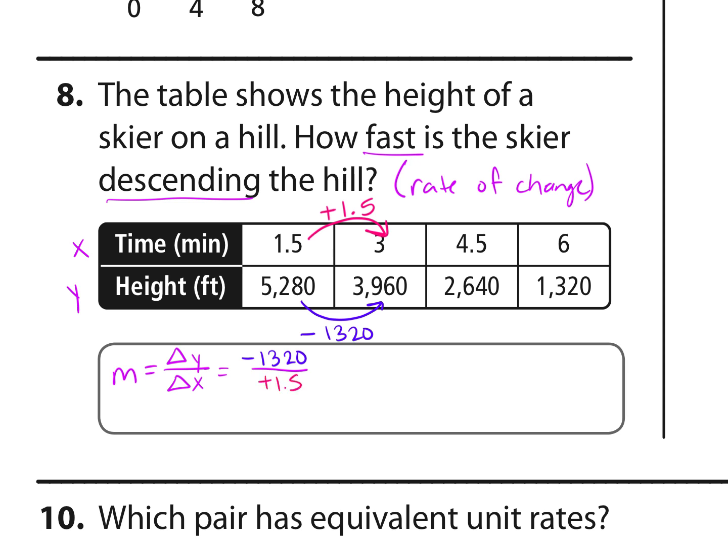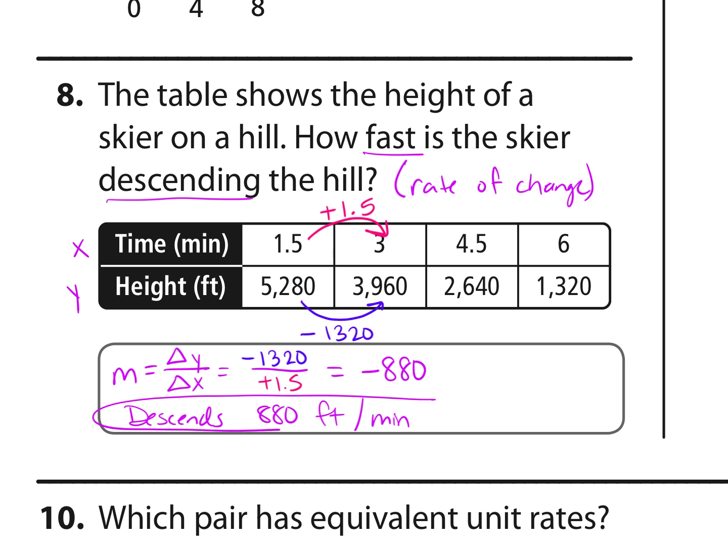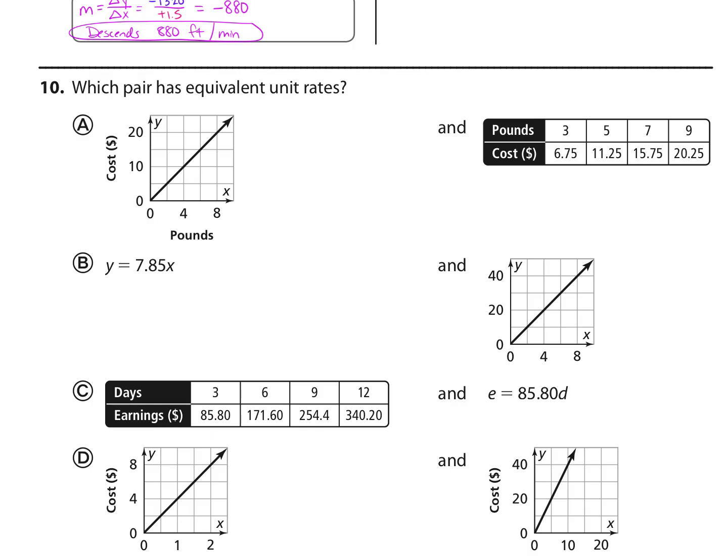And now we're just going to divide to get that rate of change, and we get this value, negative 880. And what that means is that the skier descends 880 feet per minute. That negative tells us that it's dropping, so that's why we could just write the word descend instead of use a negative sign.